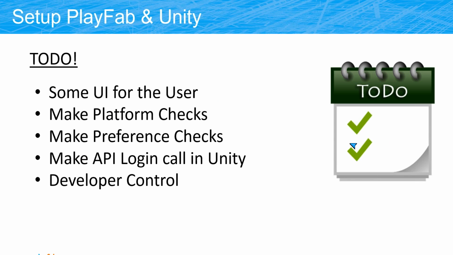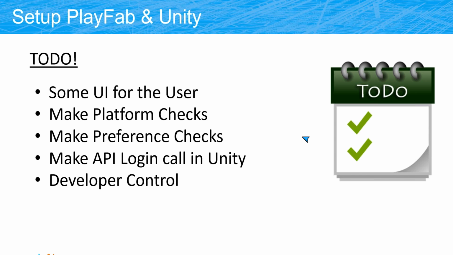So this comes with a small to-do list, and most authentication requires some sort of UI for the user. I've already pre-built that in the examples I'm going to be showing. But in general, you have a login screen or a registration screen, and if you're not prompting a user for credentials, then often you'll want a link with Facebook, or sign in with Google, and that sort of thing.